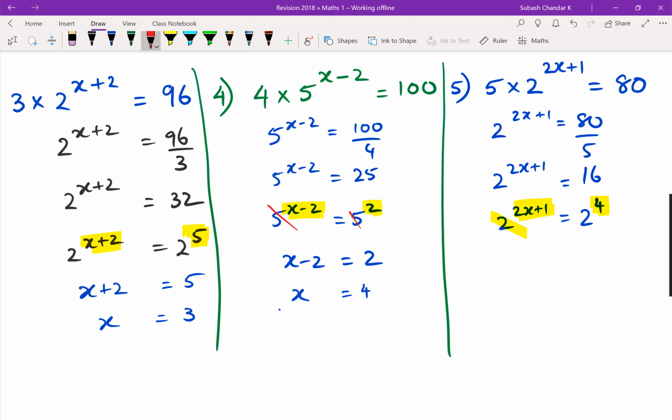We can forget about the 2s, and we just write it as 2x plus 1 equals 4. At this point, you need to rearrange. So you got 2x equals 4 minus 1. 2x is equal to 3. And x is equal to 3 over 2.